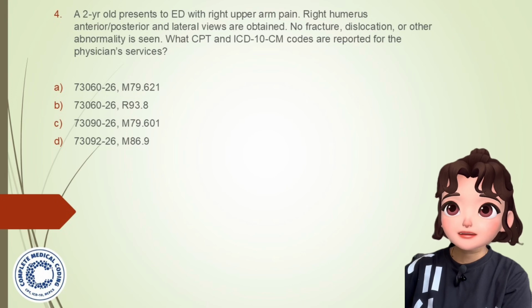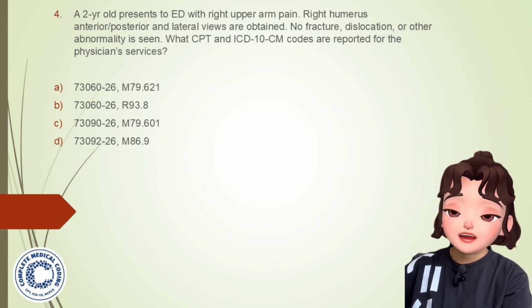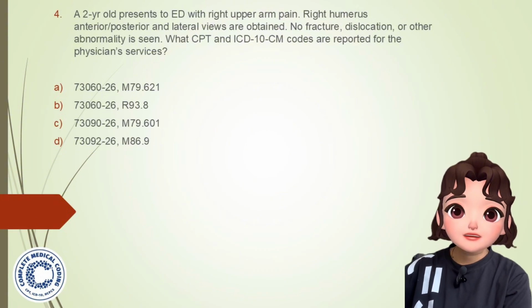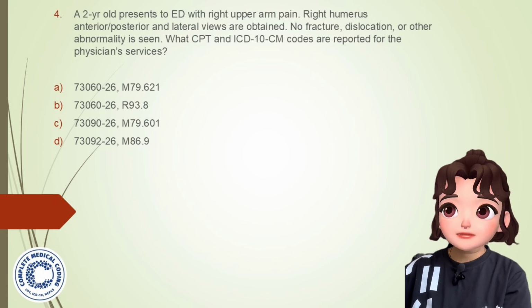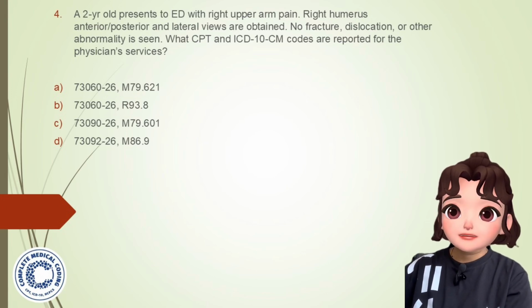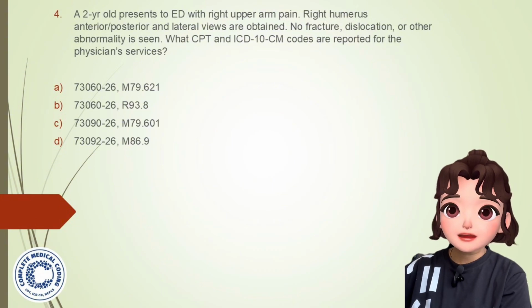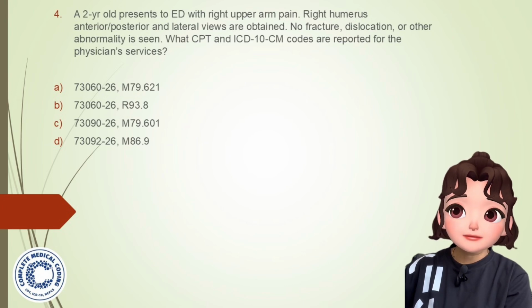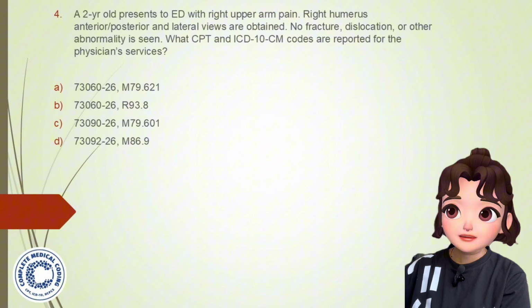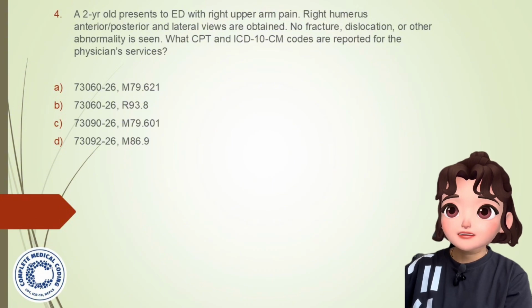But 601 represents just right arm pain. But in our question, it's clearly mentioned right upper arm pain. So for upper arm pain, since you have the exact diagnosis, you have to code M79.621. And R93.8 represents just abnormal findings on diagnostic imaging. Since we already got the correct ICD, M79.621. Okay.